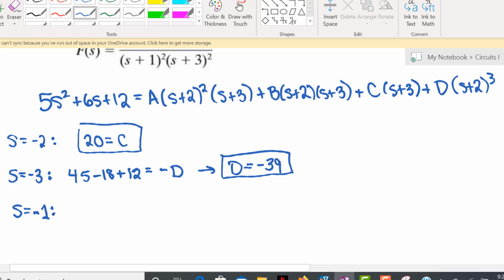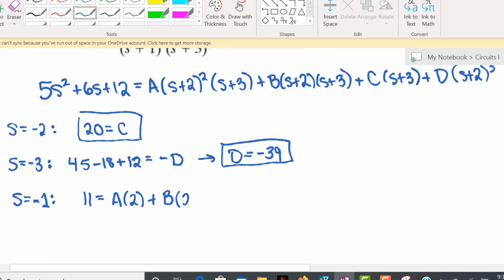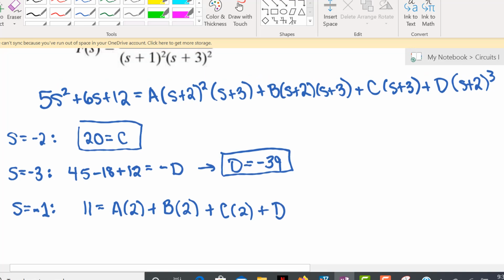So let's see. So I'd have 5 minus 6, which is -1 plus 12. So I'd get 11 equals a times 1 squared, which is 1, and then -1 plus 3 is 2, plus b, -1 plus 2 is 1, -1 plus 3 is 2, plus c, -1 plus 3 is 2, and then plus d, -1 plus 2 is 1 cubed.